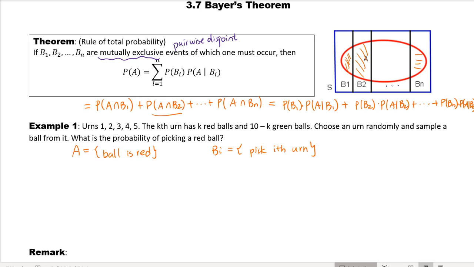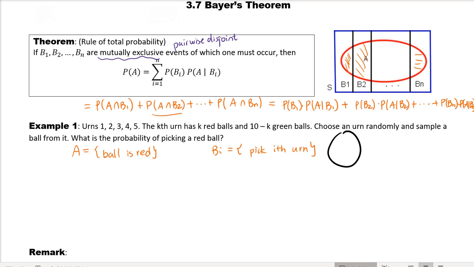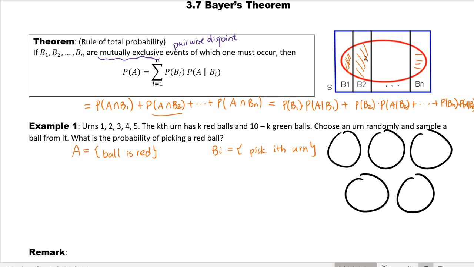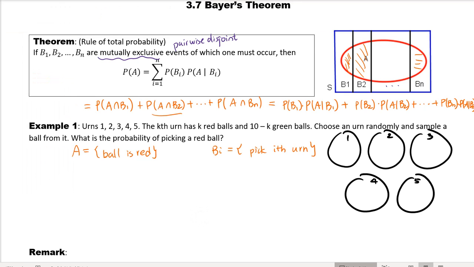Let me draw some pictures. So we have 5 urns, 1, 2, 3, 4, 5. The first urn has 1 red ball and 10 minus k green balls, so 9 green balls.